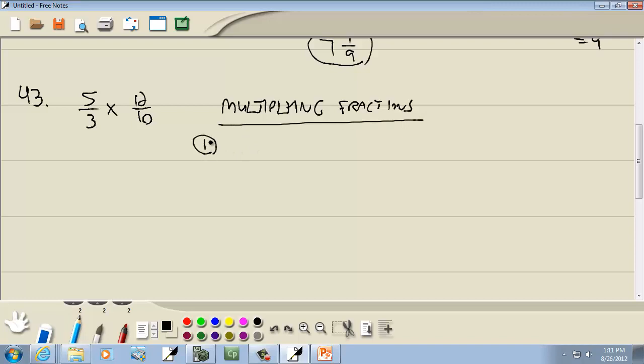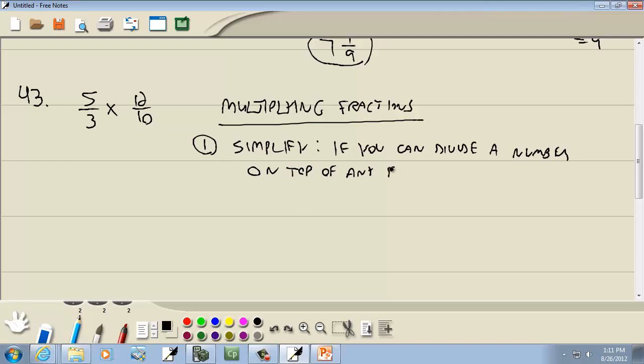Now our first step is to simplify. And what we mean by that is if you can divide a number on top of any fraction, and a number on the bottom of any fraction, they don't have to be the same fraction.